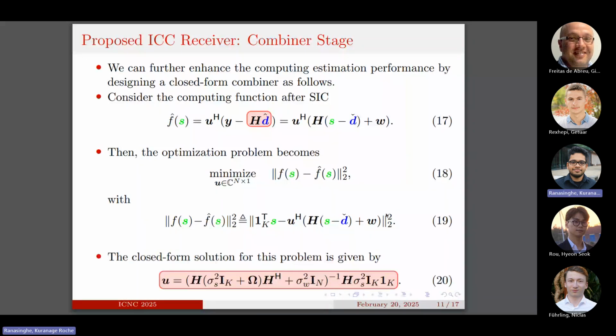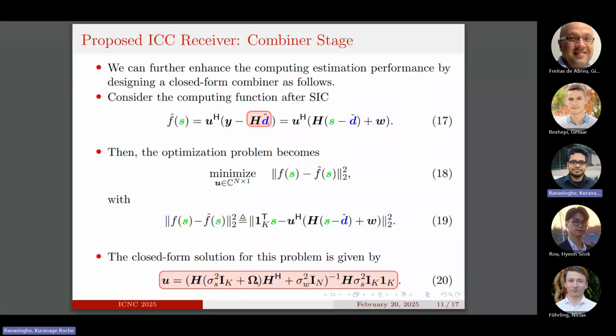Formulating the Lagrangian and calculating the partial derivative with respect to u gives you this closed form as seen in equation 20, where your combiner is now just a function of your channel, a function of your computing signal power, and this omega, which is going to be the error covariance of your estimated data.